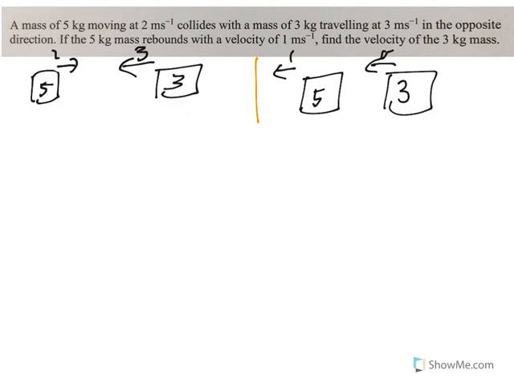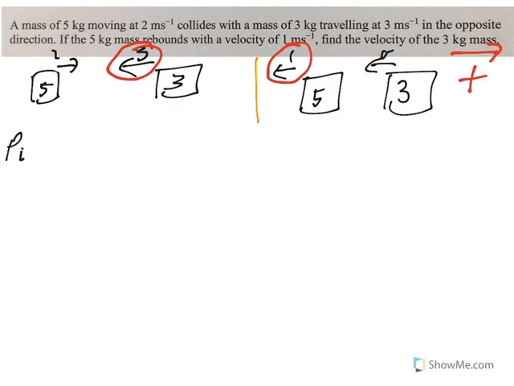So first of all, we need to assign a direction as being positive or negative. And so what I'm going to do is assign to the right as being positive. If the right is positive, that means these two values here will be negative when we put them into the equation. So momentum is what we're after.